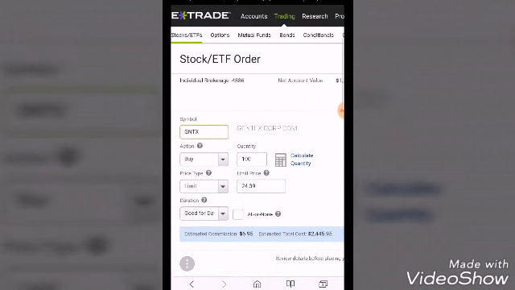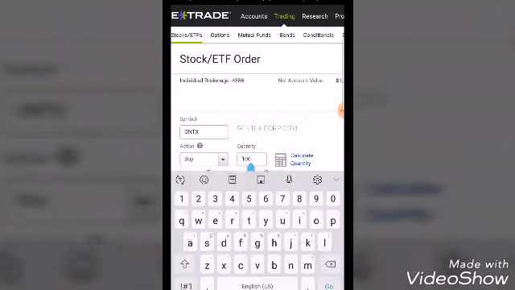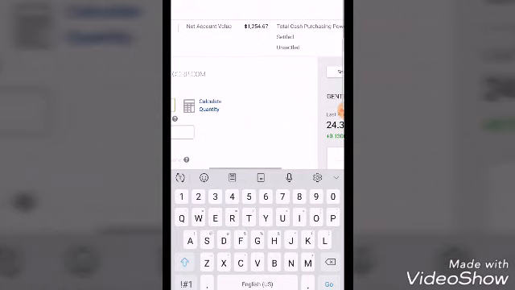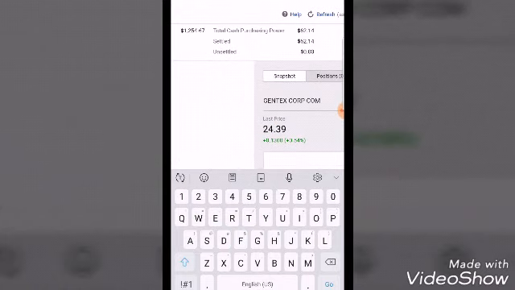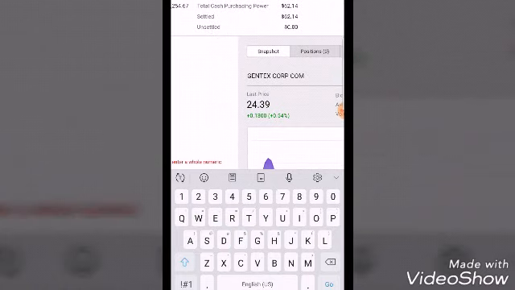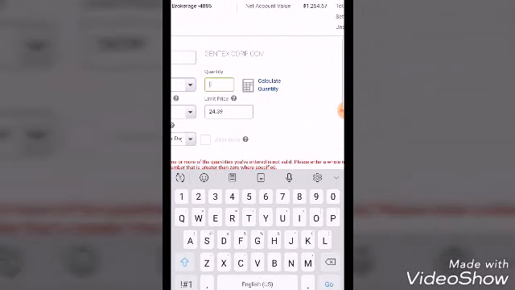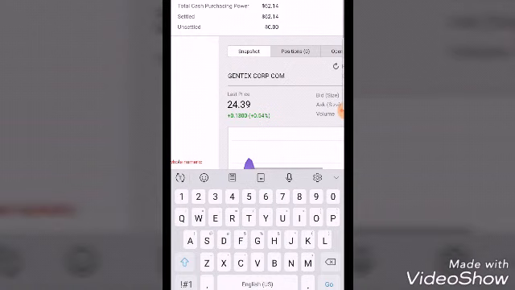Okay, we are not doing 100, so we have to change this quantity. Let me see, how much is it? $24.39. So with $62, we can only do 2.